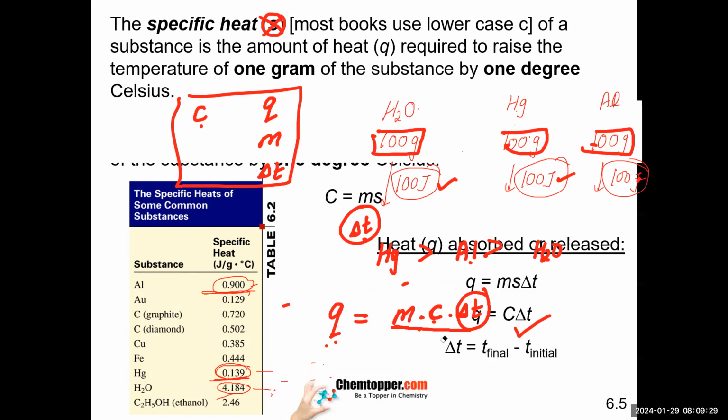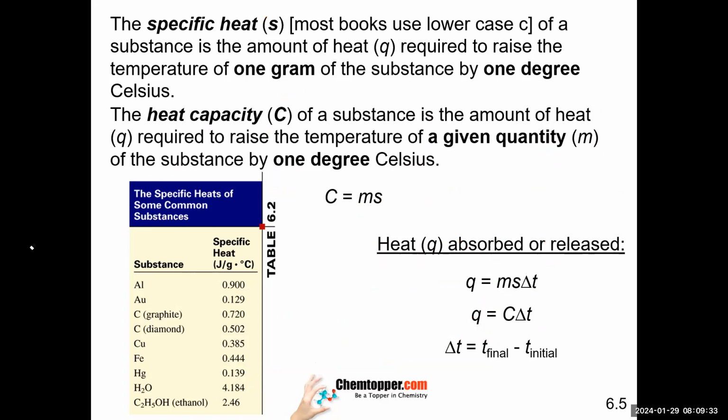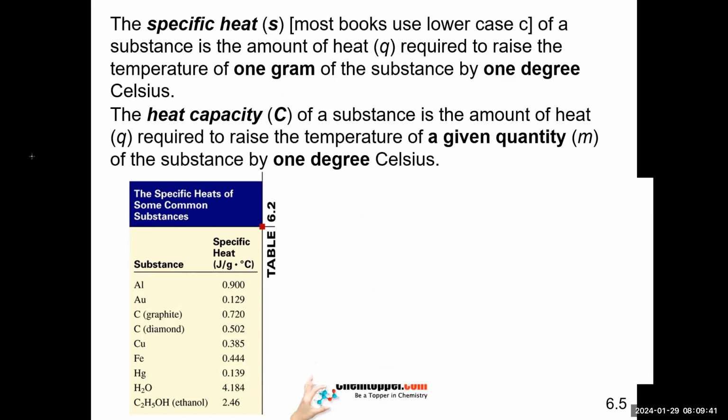See how the scientists make the equation. They make the equation based on the dimensional. You can understand with the help of dimensional. Check here. Q is mc delta T. What is the unit of Q?